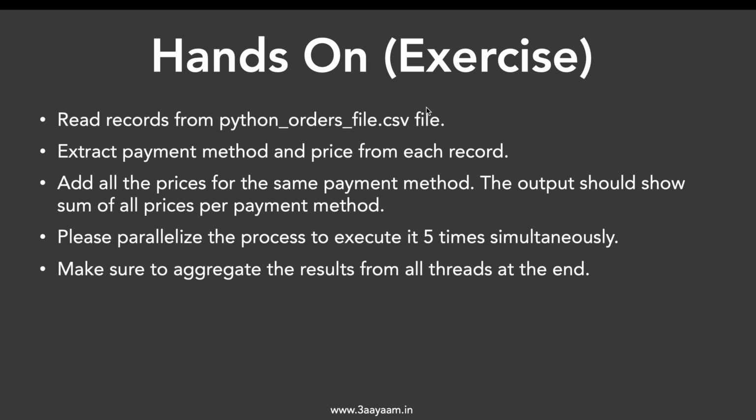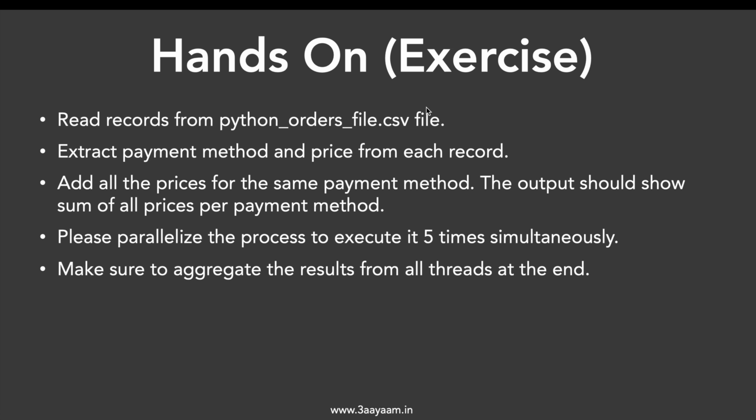But what you have to do is run this in parallel using 5 threads. But at the end, you have to aggregate the results. Now, why is this? Because you will have to split the file using the split -l command. There are 1000 records, so if you split, each file would get 200 records. The same payment method can be there in each of the files.